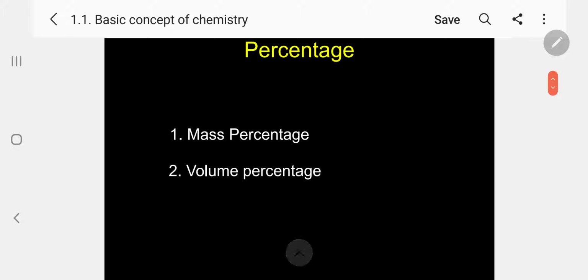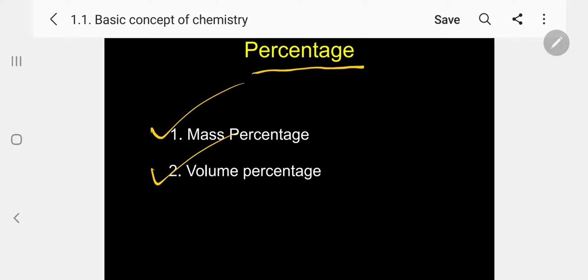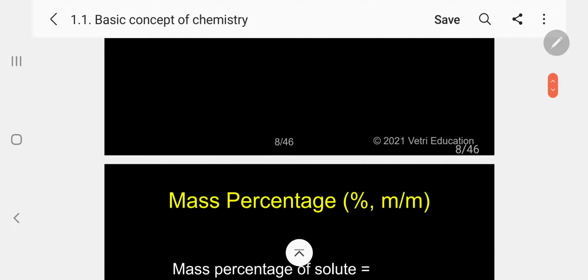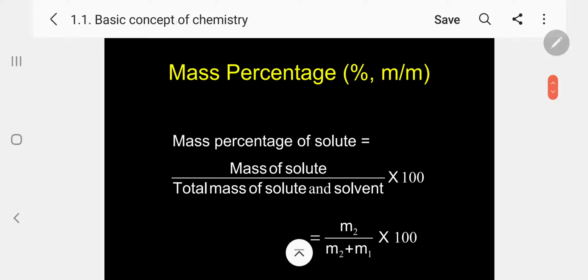Kindly follow. One is percentage, which I can express in two ways. One is mass percentage, another is volume percentage. Mass percentage is normally applicable for solids, liquids and gases, whereas volume percentage is applicable only for liquids and gases. Now, for the mass percentage, I can give two things.